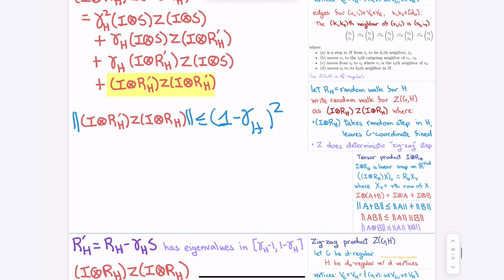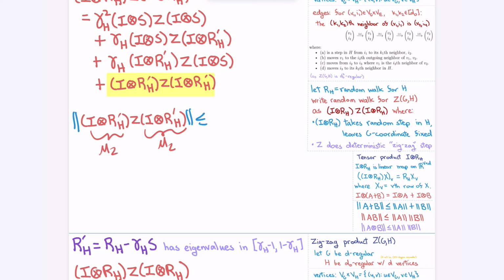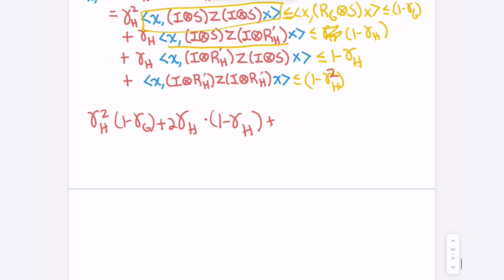Okay, so this should be at most, oh, there should be a prime here. So this should contribute mu2 and this should contribute mu2. So there should be mu2 squared, which is (1 minus gamma h) squared. Okay, something like this. Okay, that's fine. Hope we land the plane.